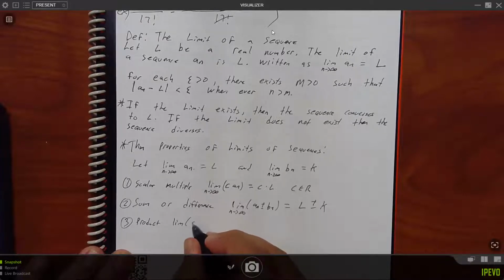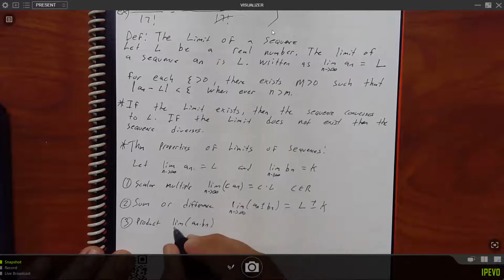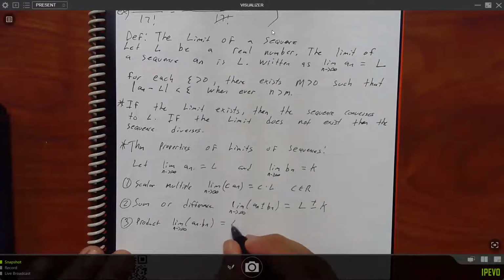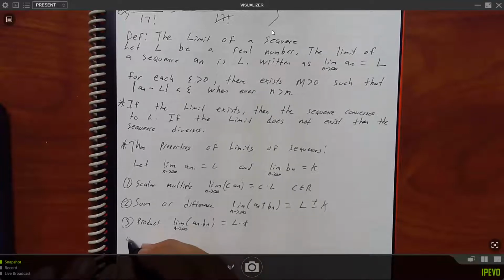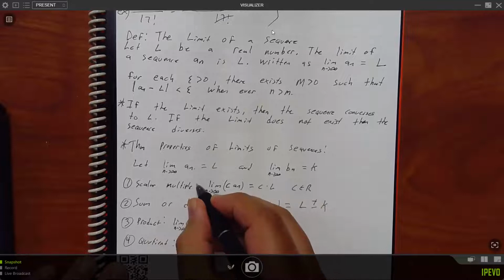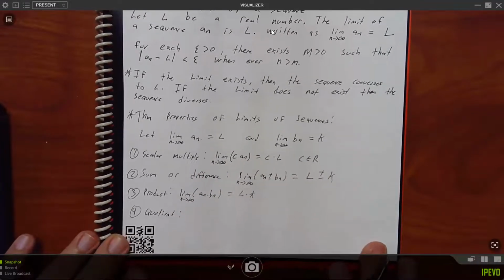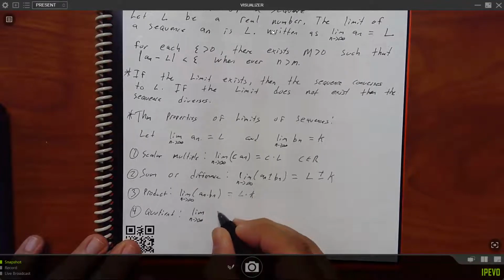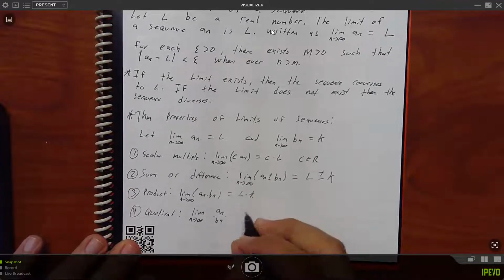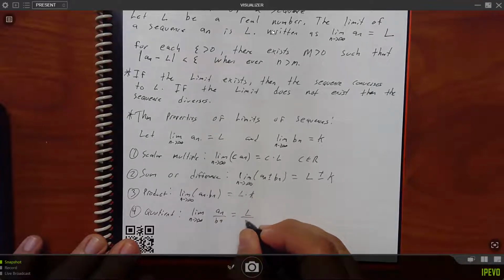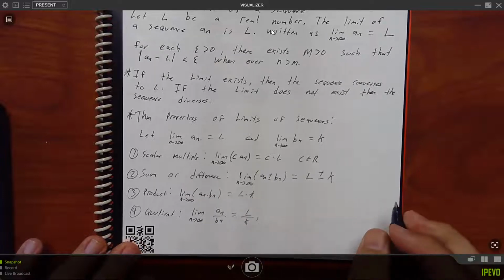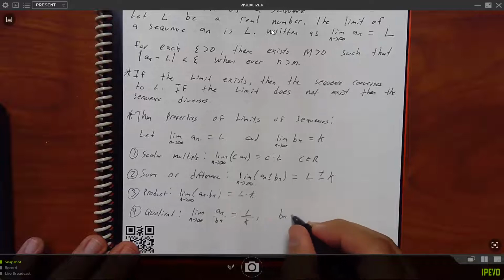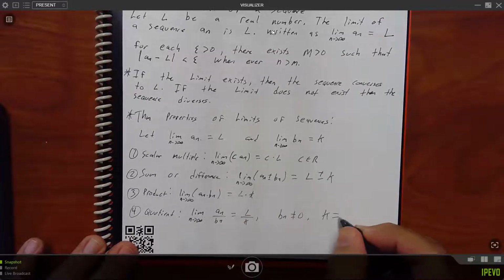The limit of A sub n times B sub n as n approaches infinity would simply be L times K. And the last one, limit as n approaches infinity of A sub n over B sub n is equal to L over K, where B sub n is not equal to 0 or K is not equal to 0.